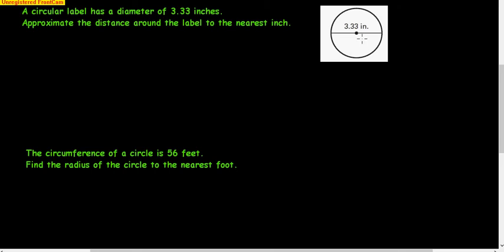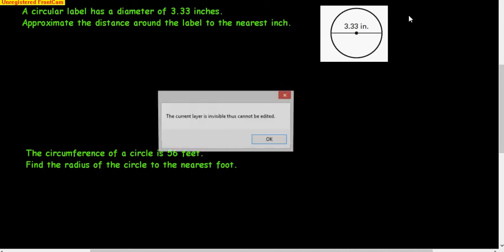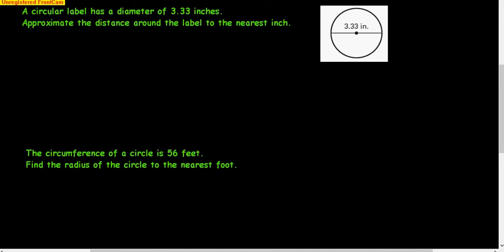So here's the picture that you have in your note packet, and a couple formulas that we've got to use today. First, we've got circumference equals 2 pi r, and circumference equals pi d. Obviously r stands for radius, and d stands for diameter.